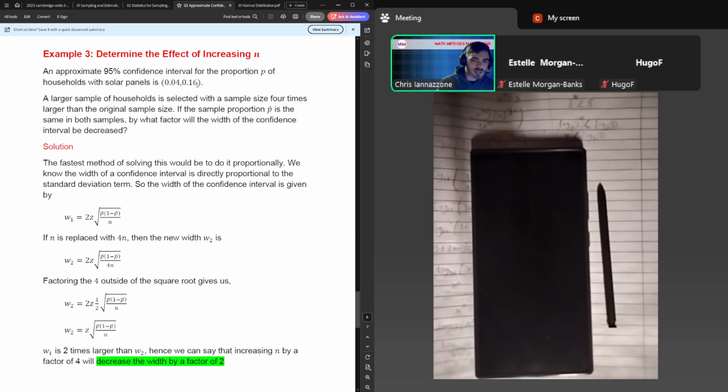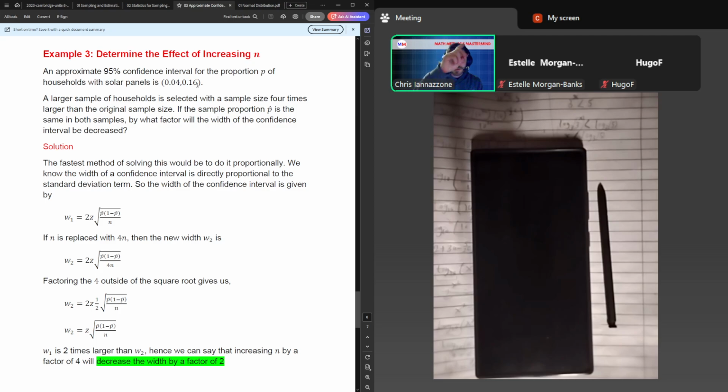So the thing they're trying to get at here is if you take a larger sample, your confidence interval shrinks because you're more confident about where the value is going to be. Like if you just throw a dart randomly on a dartboard, you've got, let's call it a 1 in 20 chance of hitting any of the numbers. But if you see a professional dart player hit that 20 every single time, you're pretty likely that you're going to hit the 20, the 18, or the 1, if I remember correctly what those numbers are.